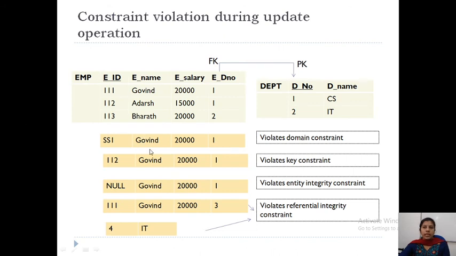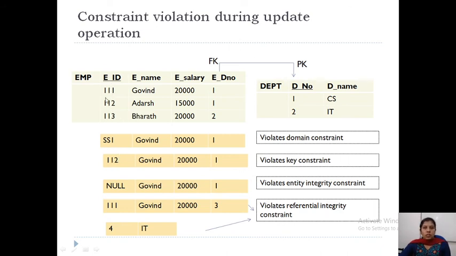So here is the example, like whatever we have seen for the insert operation, the same thing applies here. For employee ID, I am giving SSI, so it violates the domain constraint. And if I give 112 for Govind, here I am not inserting, I am updating the values, changing the content stored in the table.